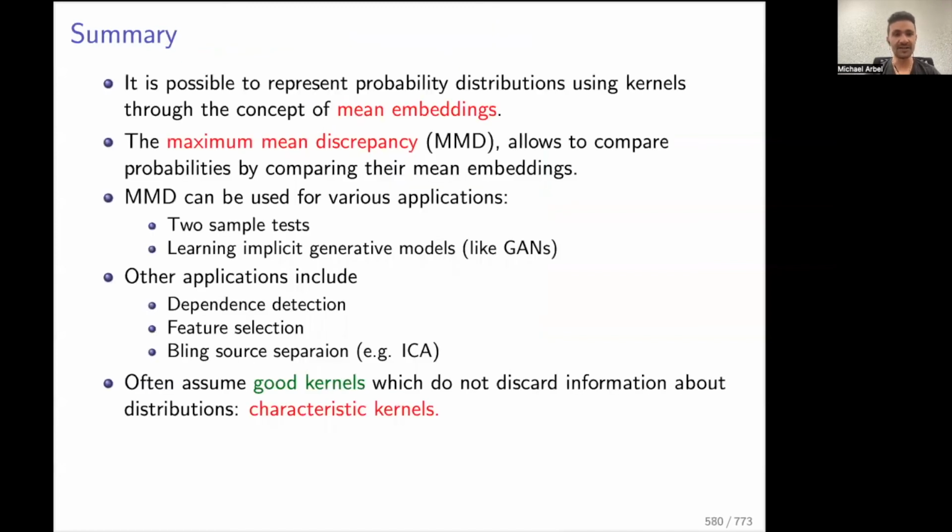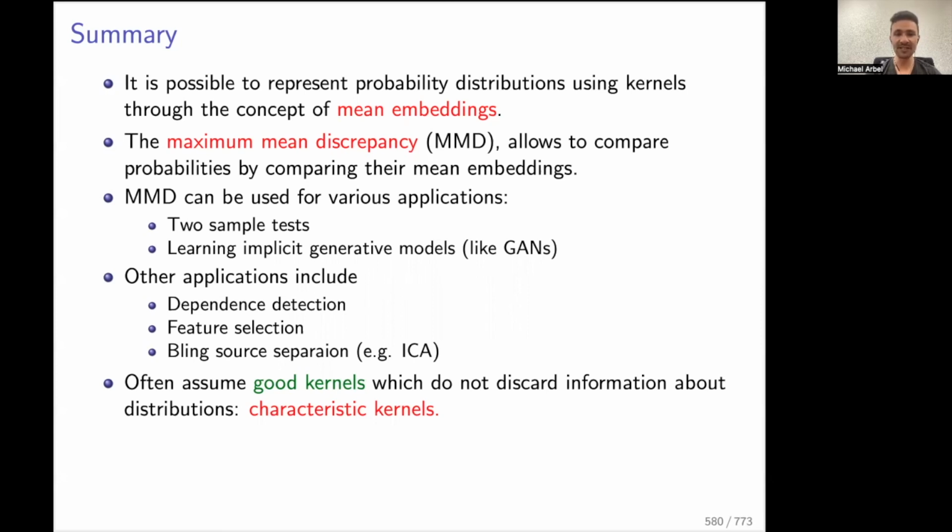So to summarize, so far we've seen that it's possible to represent probability distributions using kernels through the concept of mean embeddings. And by measuring distances between mean embeddings in RKHS space, we can define a distance that allows us to compare probability distributions, which is called the maximum mean discrepancy.